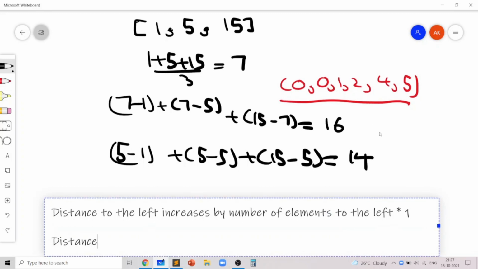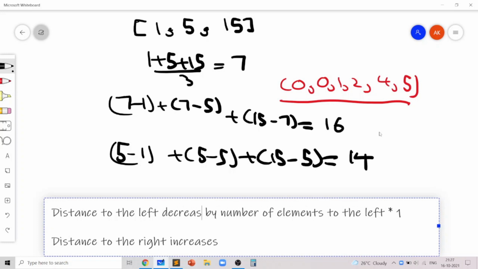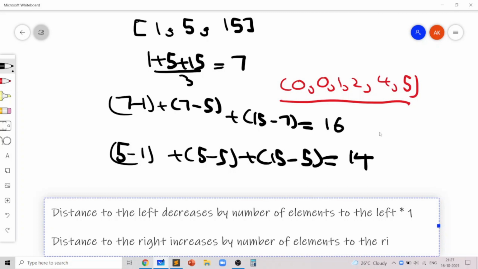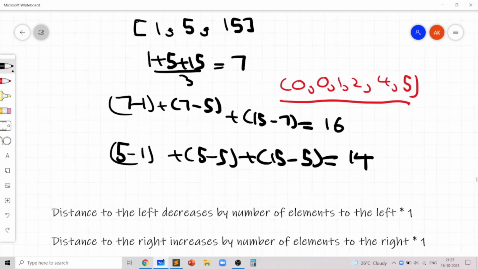On the one hand, the distance to the left decreases by the number of elements to the left times 1, and the distance to the right increases by the number of elements to the right, again times 1, because we moved 1 to the right.